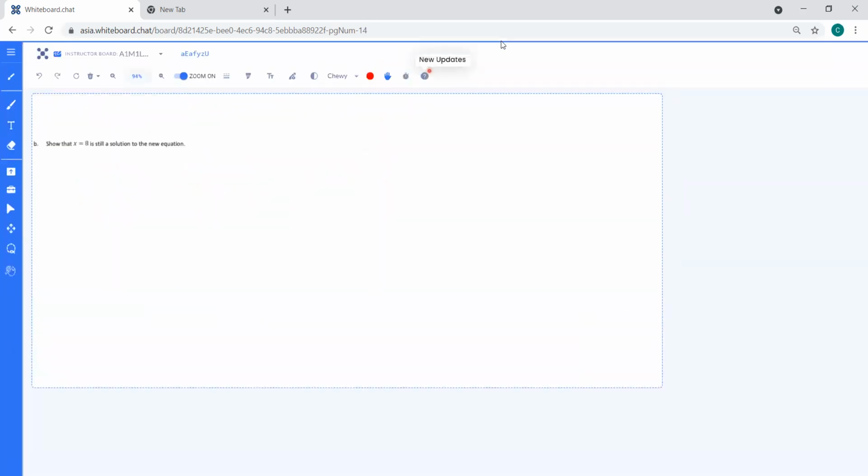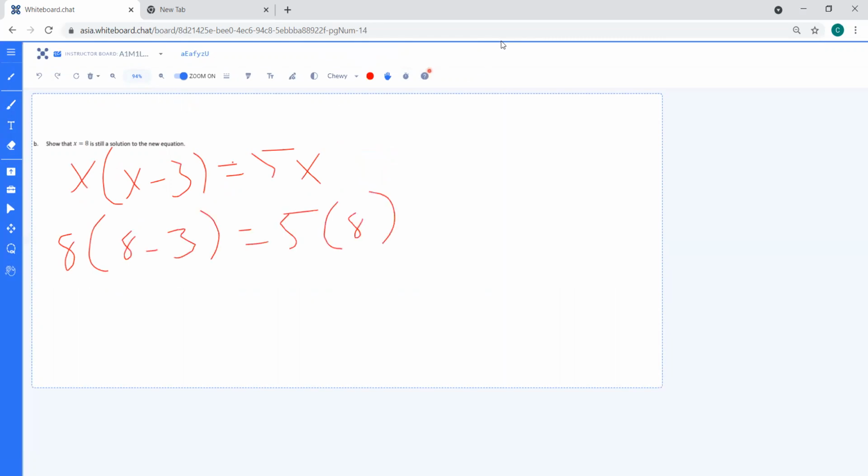So what about this? Show that x equals 8 is the solution to the new equation. Okay, so we had x minus 3 is equal to 5x. So plug in 8 for each one. Now, got parentheses, let's do it first. So that leaves us with the same thing. That's as far as we got to go because we know those are going to equal.